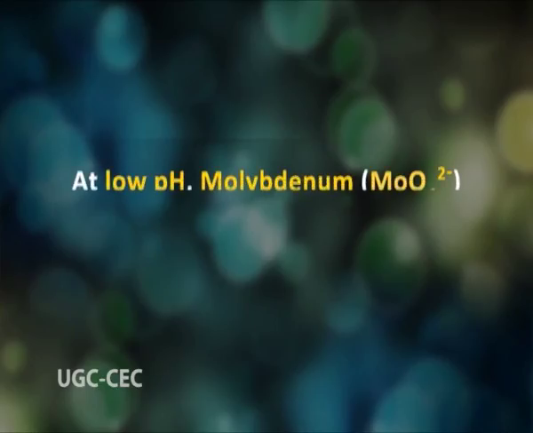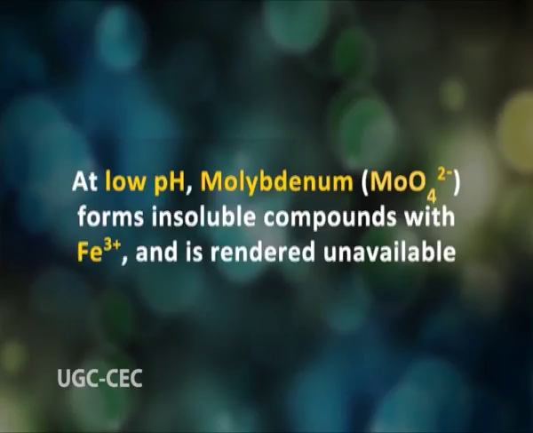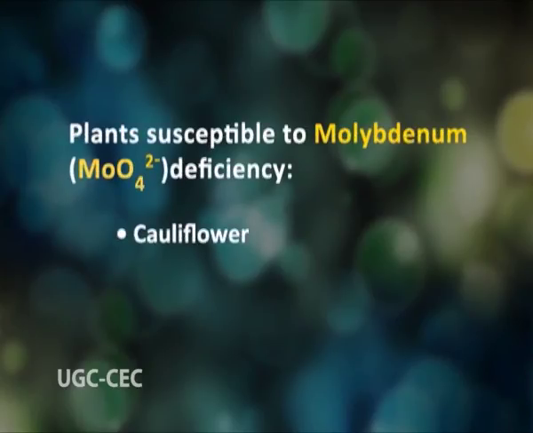Another nutrient whose availability is increased as the pH is increased on the low end of the pH range in soil is molybdenum. At low pH, molybdenum forms insoluble compounds with iron and it is rendered unavailable. Under these conditions, plants susceptible to molybdenum deficiency such as cauliflower, clover and grasses will show a growth response to an increase in pH.